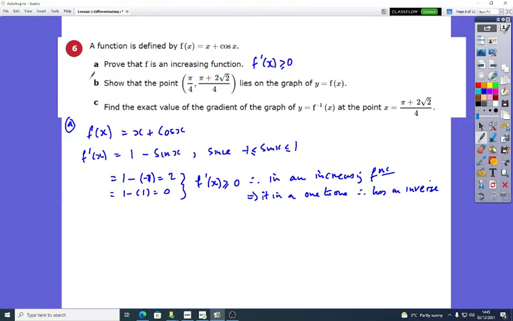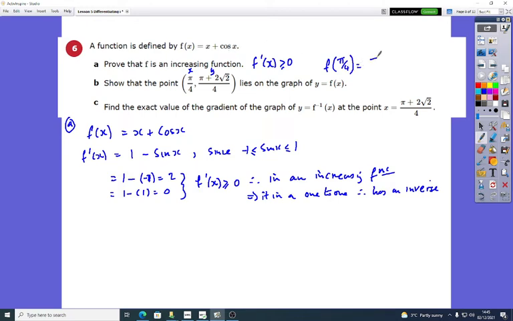Now, second point, it goes here: show that this point, and don't forget this is x and this is y, lies on this curve. So I know that f of x is x plus cos x, so if I put x as pi over 4, which is 45 degrees.